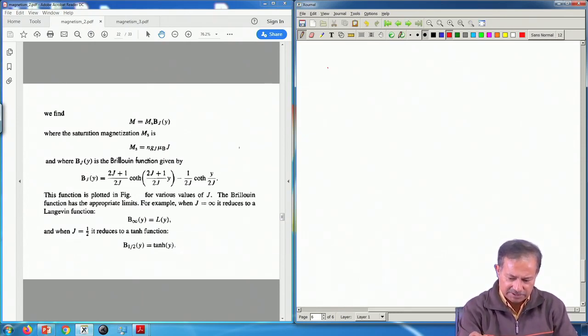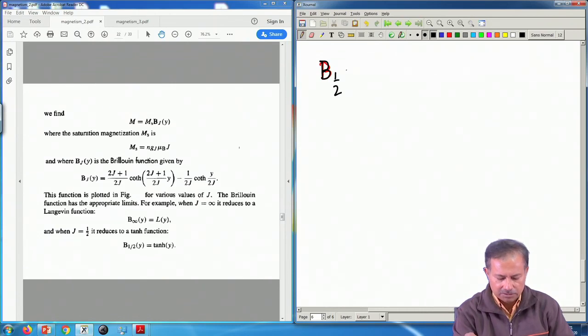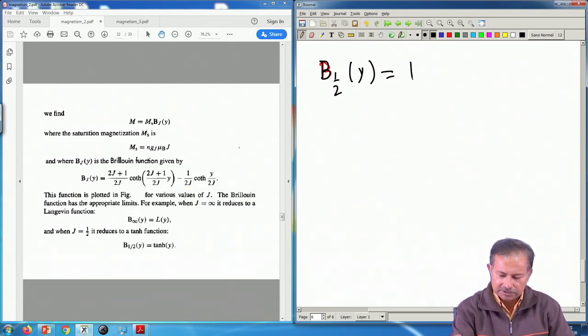You can easily check that this B half of y, you can just put j equal to half here, and you can immediately find that it is tanh y.